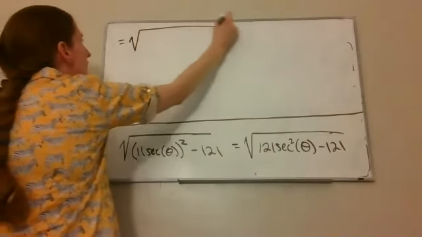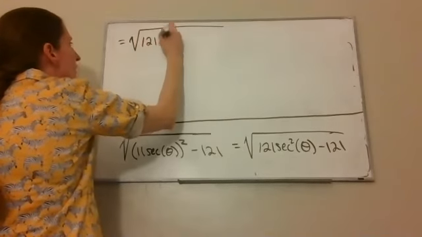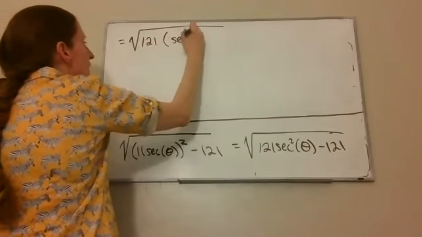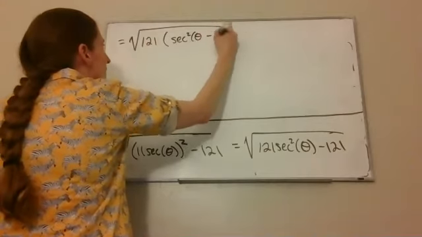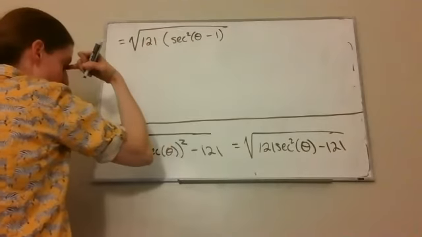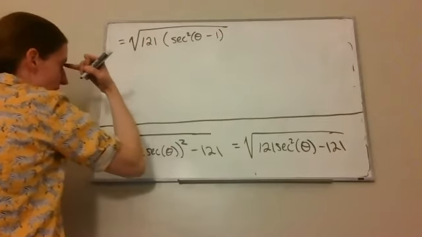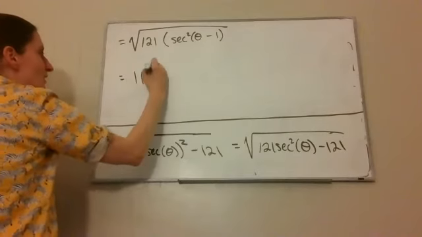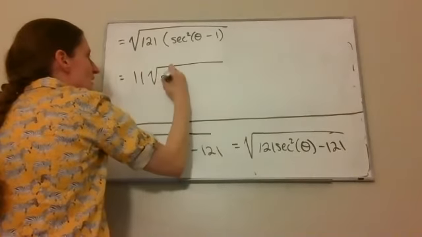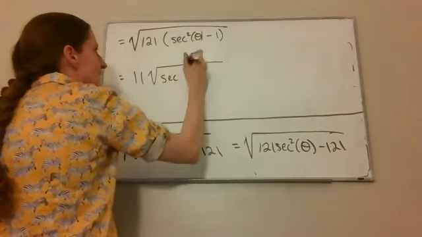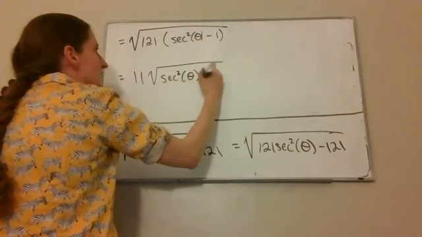So I have the square root of 121 times secant squared theta minus 1. Now, the square root of 121 is 11. So I just have 11 times the square root of secant squared theta minus 1.